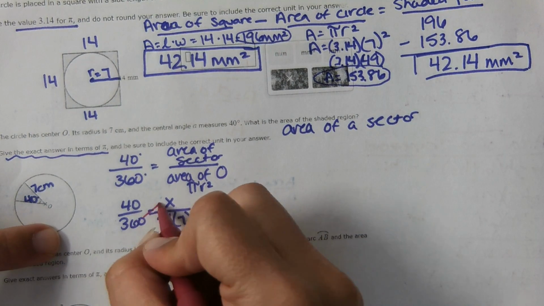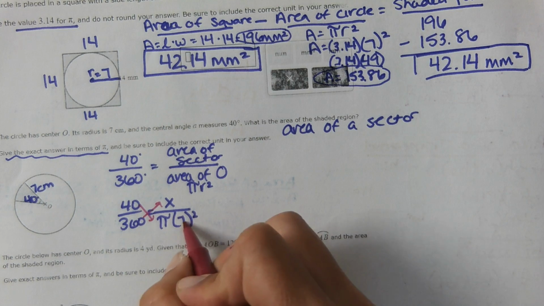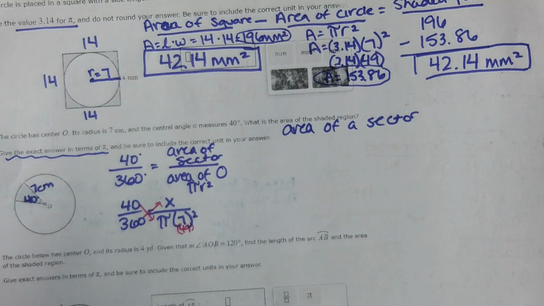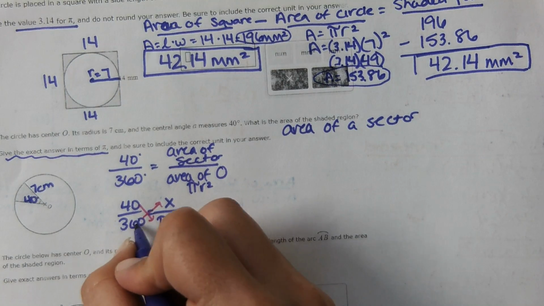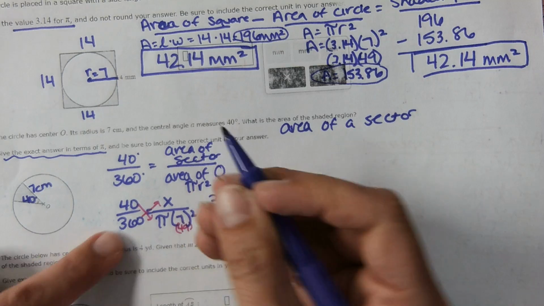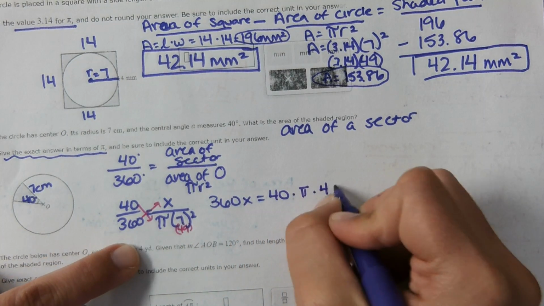We're going to cross multiply. Also note that we have to square this first, so 7 squared would be 49, and I'll just make a note of that so I don't have to rewrite it all. And then 360 times x, 360x equals this times this. So it'll be like 40 times pi times 49.